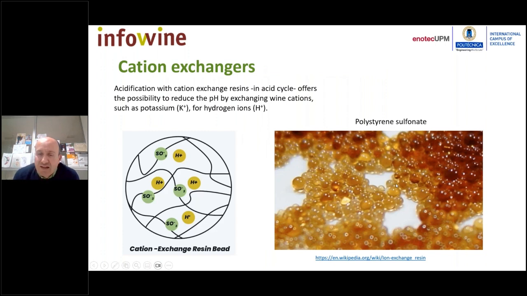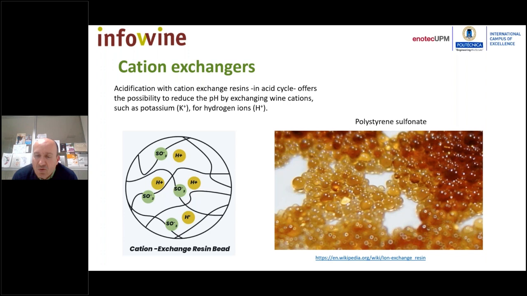Well, concerning the physical techniques, we can currently use very effective cation exchangers. Cation exchangers are polymeric materials, many times polystyrene sulfonate or other polymers that have sulfonic groups, which become really strong cation exchangers that can retain cations at a very high level.